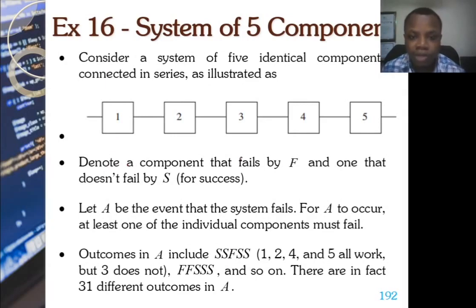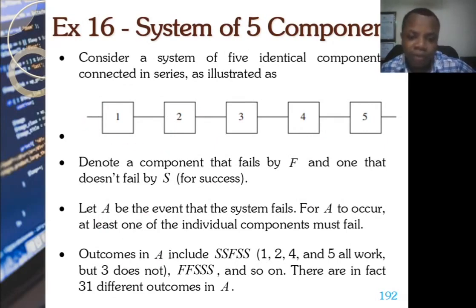Suppose that we denote a component that fails by F, that is failure, and one that doesn't fail by S, this for success. Let A be an event that the system fails. For event A, it means that within this series at least one of these components should fail. If any of these components should fail, it means that the entire series is going to fail.